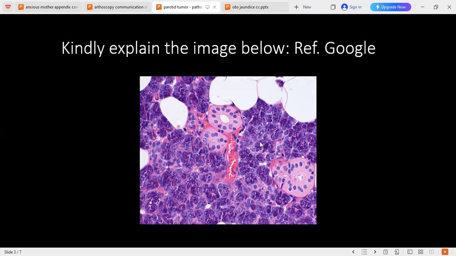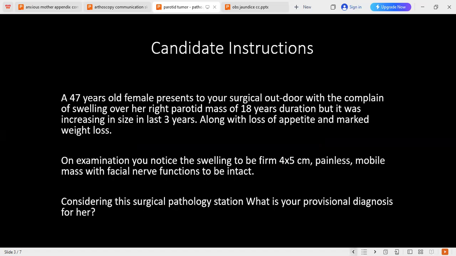And what are these? This is also the duct. What are these? Would you be able to comment? I don't know. Would you be able to recognize myoepithelial cells in this? Yes, these purple ones are myoepithelial cells. Right, good.